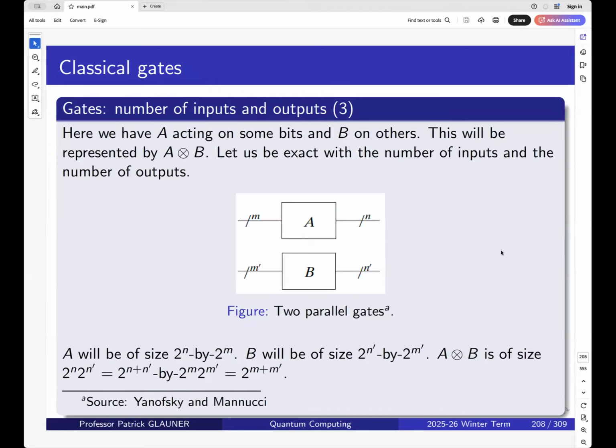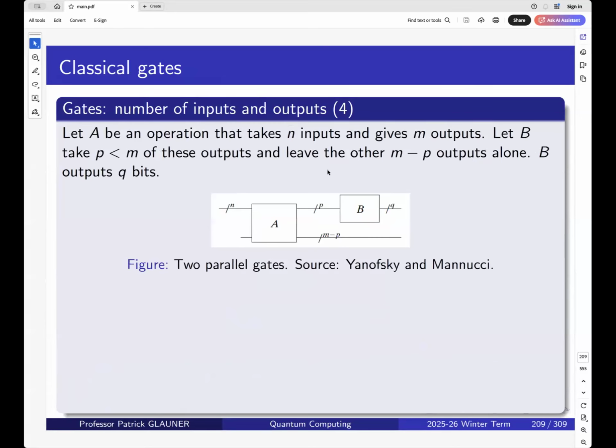Now, as we have built a matrix to describe these two parallel gates, something else could be happening, and we'll look at this. Concretely, imagine we have a gate A. It has n many inputs and m many outputs. But not all of these outputs go into B. B is a second operation, and B has P many inputs.